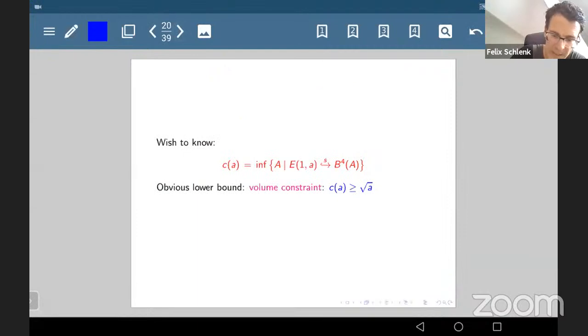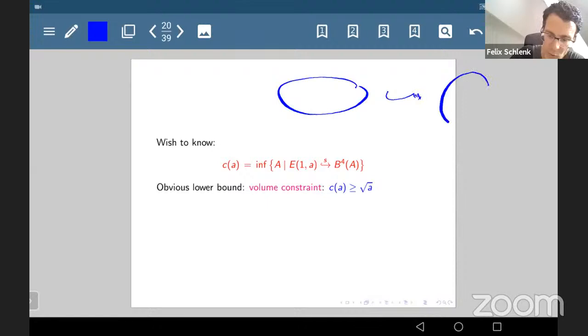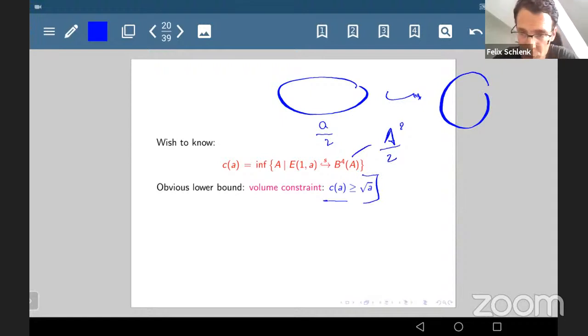Namely, of course, if this ellipsoid symplectically embeds into a ball, the volume must be less. The volume here is A times 1 over 2, and the volume here is A squared over 2. So it means that certainly you need at least root A for the ball capacity, right?